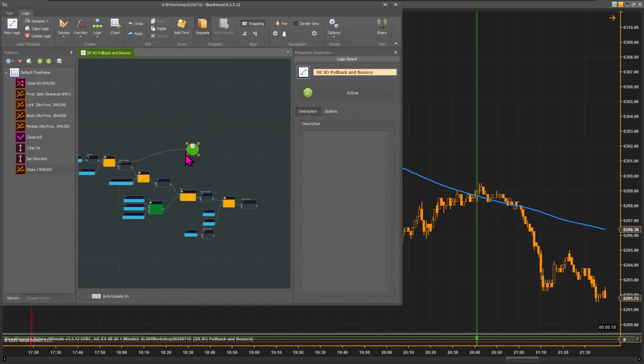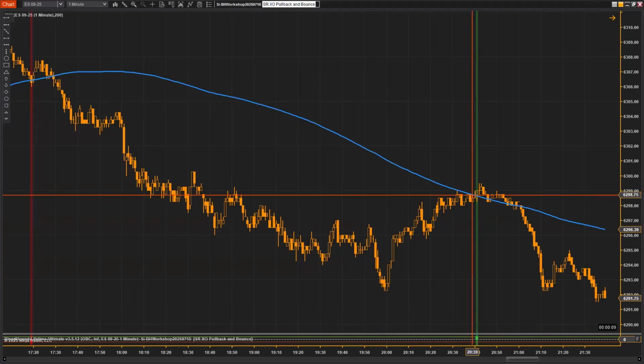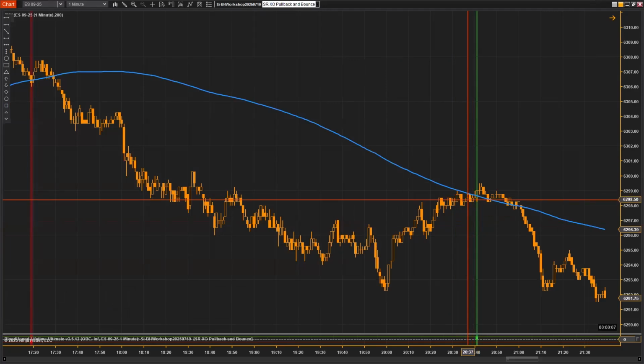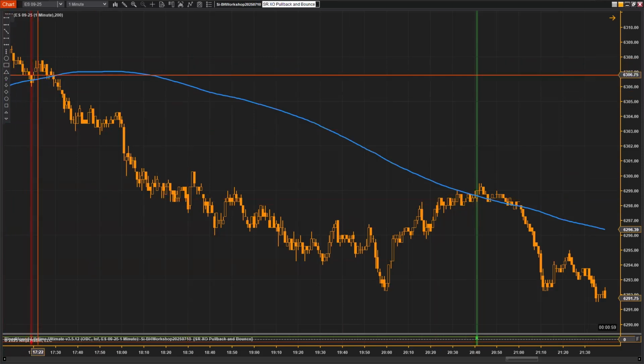What will give me a heads up that a bounce for this pattern could occur is looking for the crossovers.